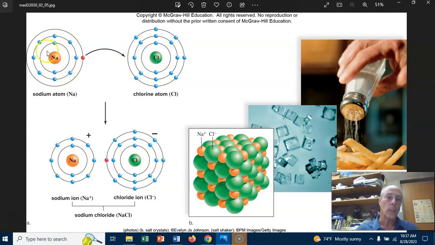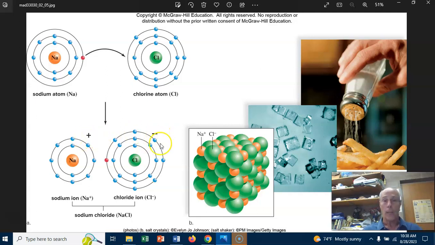Now, when the sodium atom loses that electron, there is one less electron out here than there are protons in here. I wish they had 11 little circles in here to represent the protons, but that's what would happen. And so we have a plus charge. There are more protons than electrons. Then here in the chlorine, since it got that electron, now it has one more electron than protons, and it has a negative charge.